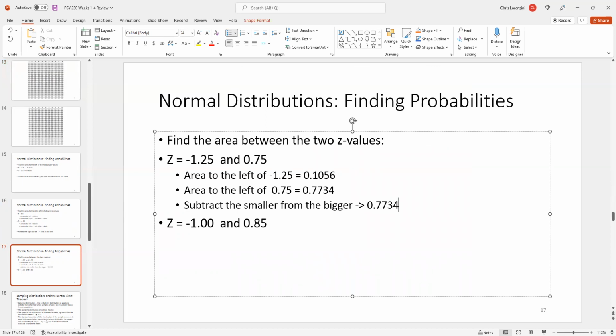So that's going to give me 0.7734 minus 0.1056. I do that math, and if I can find this calculator here, I get a value of 0.6678. And that's how we find the area between.